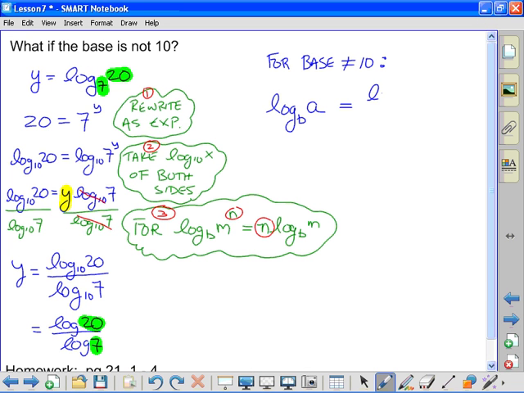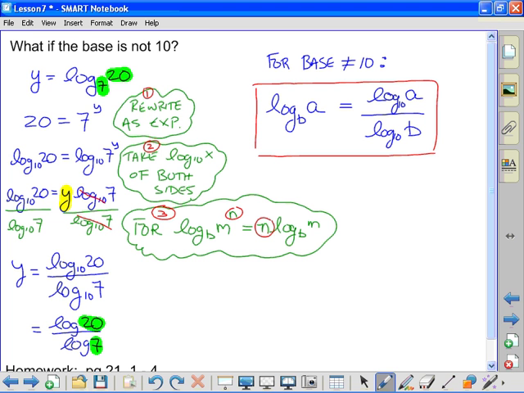We can rewrite it as log base 10 of a divided by log base 10 of b. You want to put this in a red box for yourself. Make sure it gets on the cheat sheet.